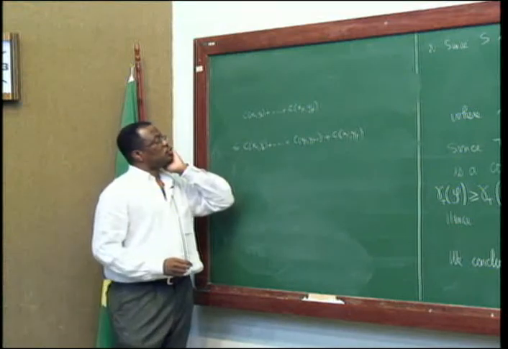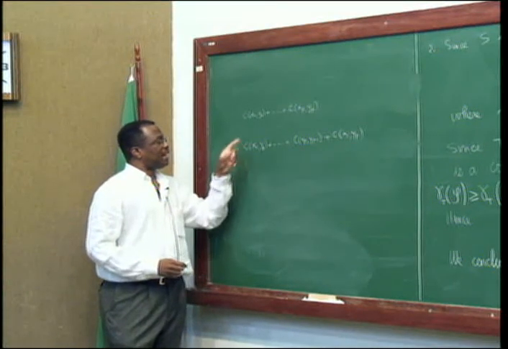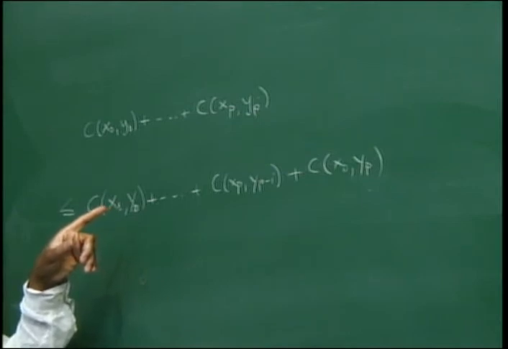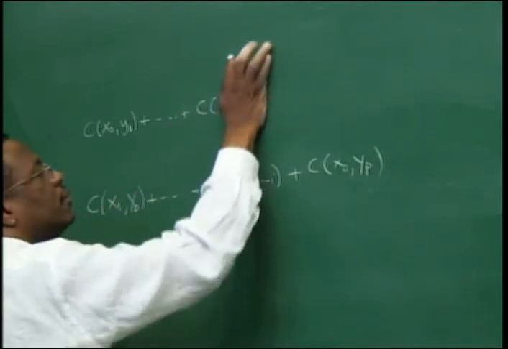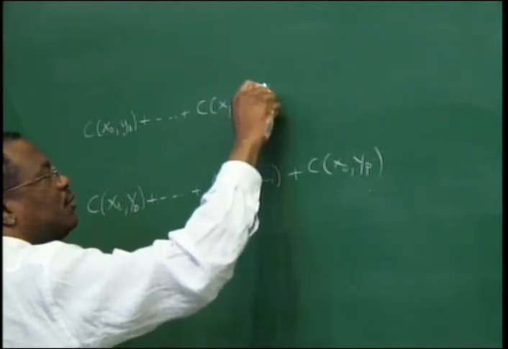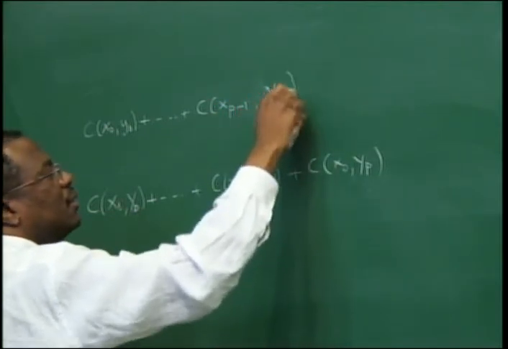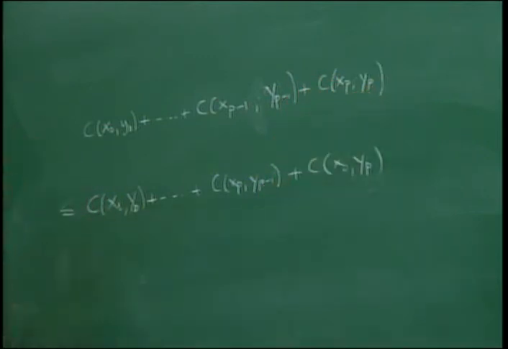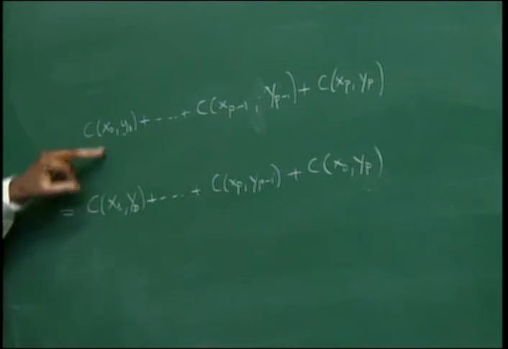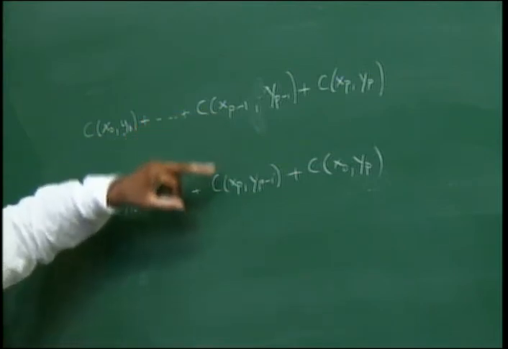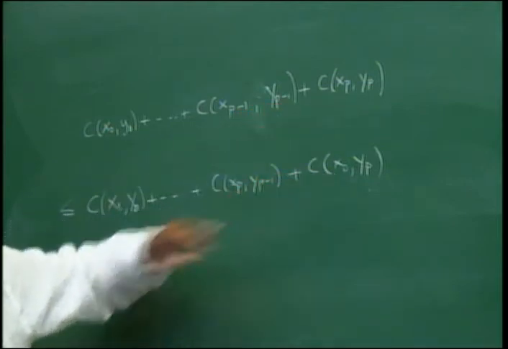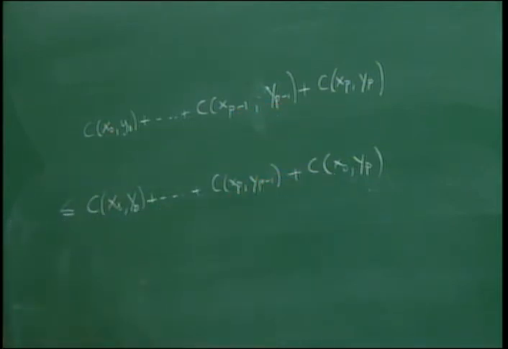So I am going to replace x naught by x1, I am rewriting the same thing exactly, plus C of xP, yP. Okay, so here you see that I replace x naught by x1 up to xP minus 1 by xP. And then I am going to replace xP by x naught. I have increased the cost.